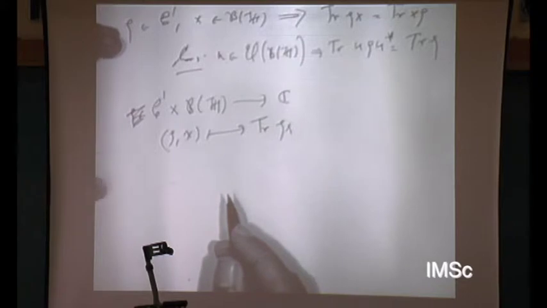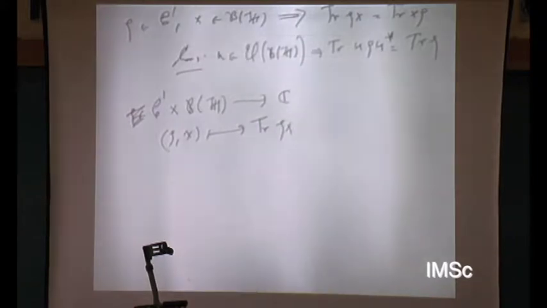And I recall I had shown you that if you take mod rho, that is, if you take a positive trace class operator, then it is diagonalizable. You can put it in diagonal form.